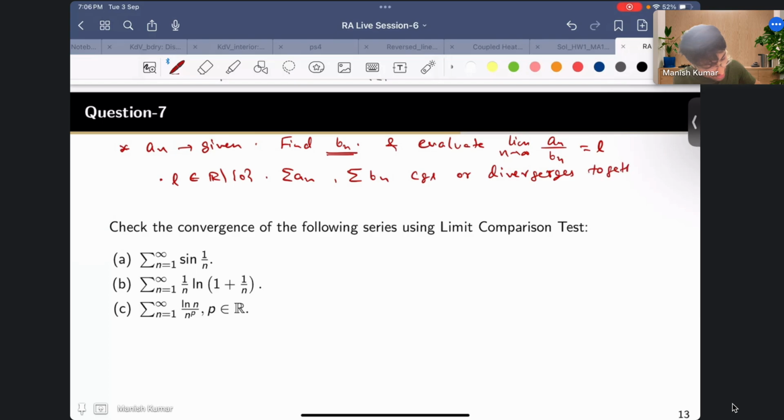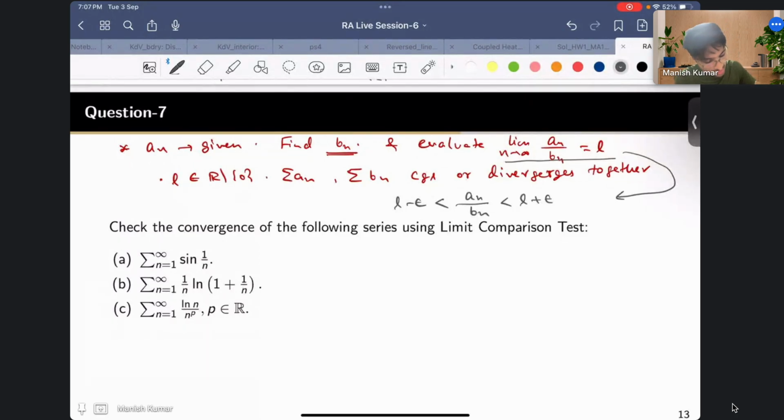So how do you prove this? When L is infinity or L is 0, you can deal with it separately. The idea is, suppose you have this L. Then from this condition you can say that the ratio an and bn is close to L, right? This is the definition of limit: L minus epsilon, for large n.